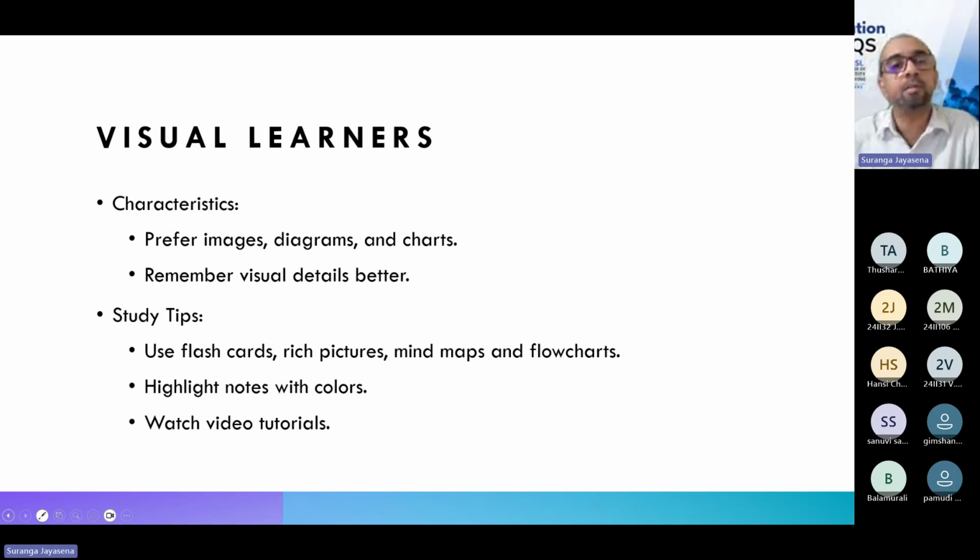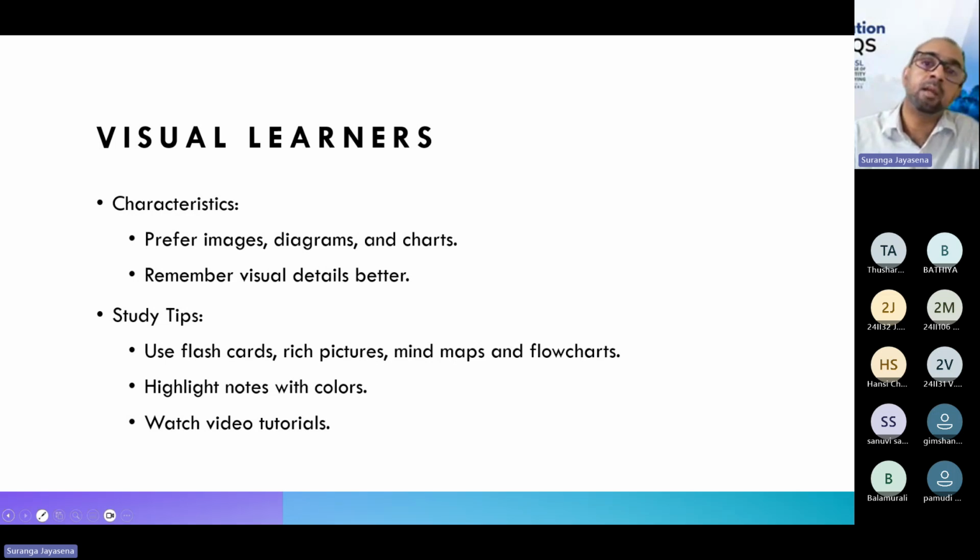And another practice you should use is highlighting the notes with different colors based on a certain legend that you use. Okay, for this kind of thing, this color; for this kind of thing, this color. And focus on watching video tutorials, etc., which are going to be really effective if you are a visual learner. But you have to recognize whether you are a visual learner or not. So I explained that part also to you.